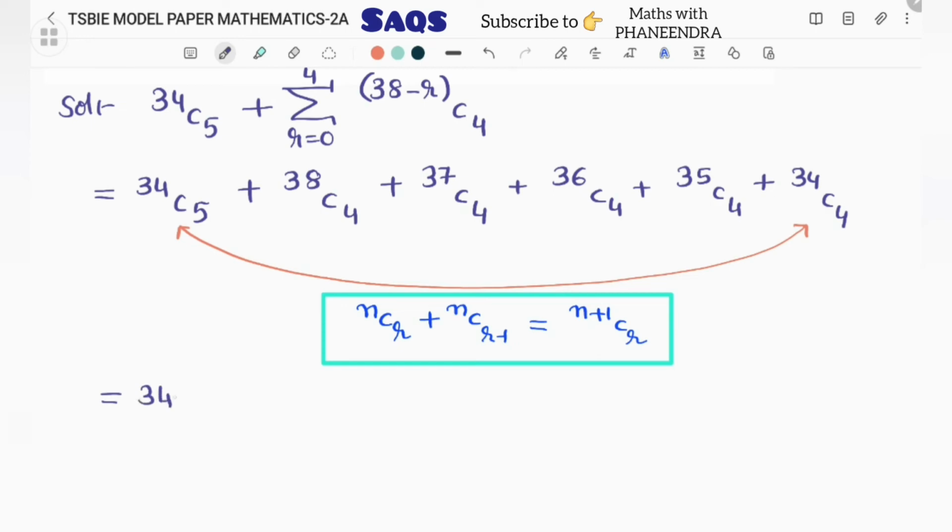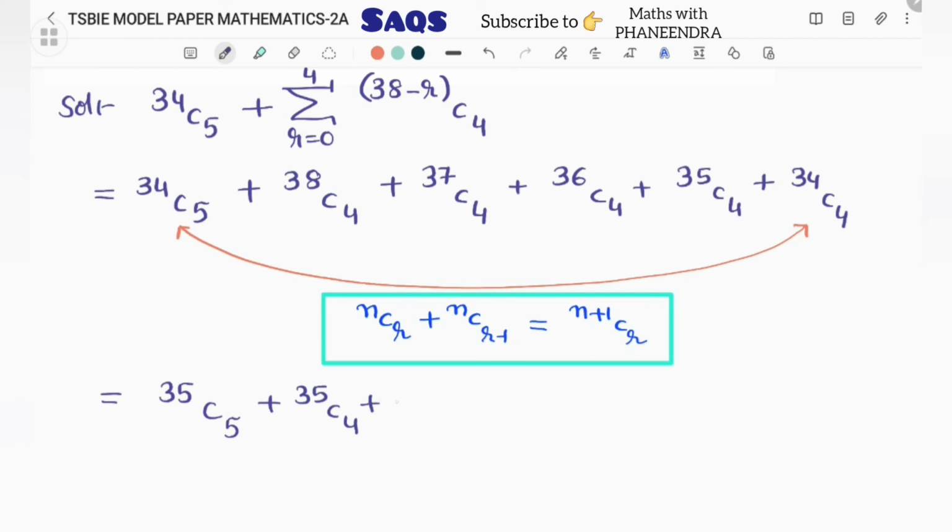The r value is 5. The rest of the terms as they are: 35C4, 36, 37, 38. Even here you understand, no? So we can write 35 here. It's better.